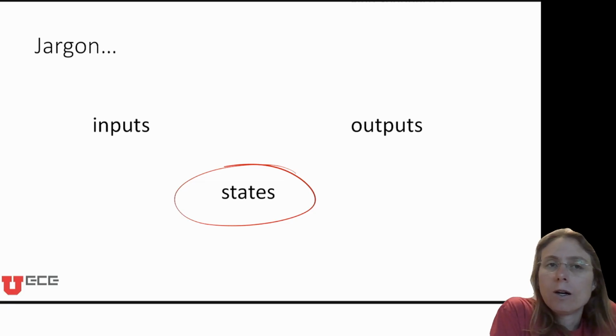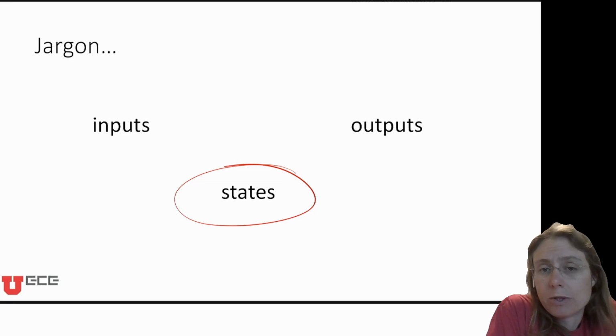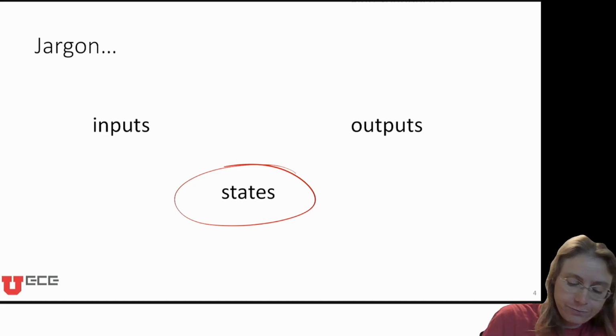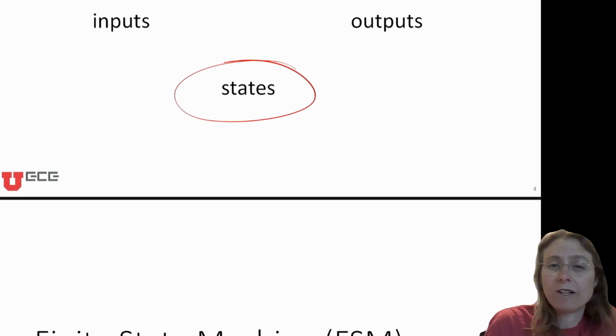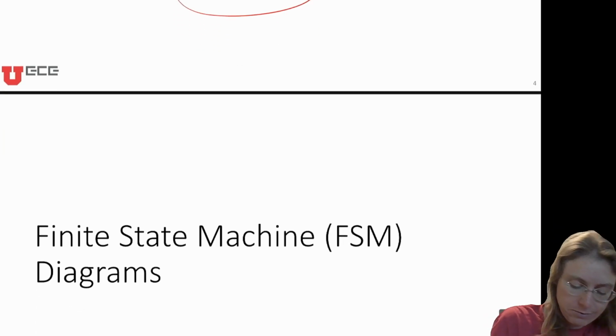Maybe you want to know if we had previously received money in the vending machine, right? So we need to know how much money we had already gotten. And so our state is how much money has already been put in to know when we have had enough money put in. And we will actually do a finite state machine diagram for that in a few slides.